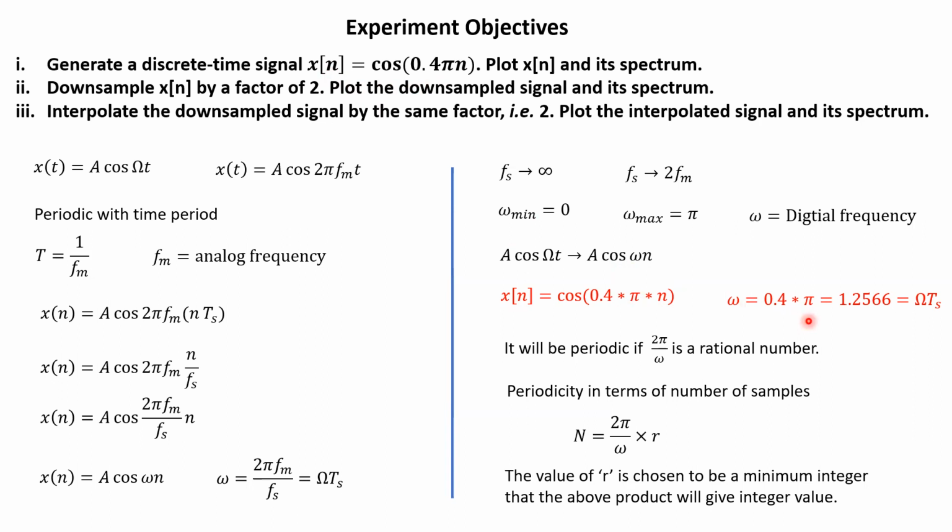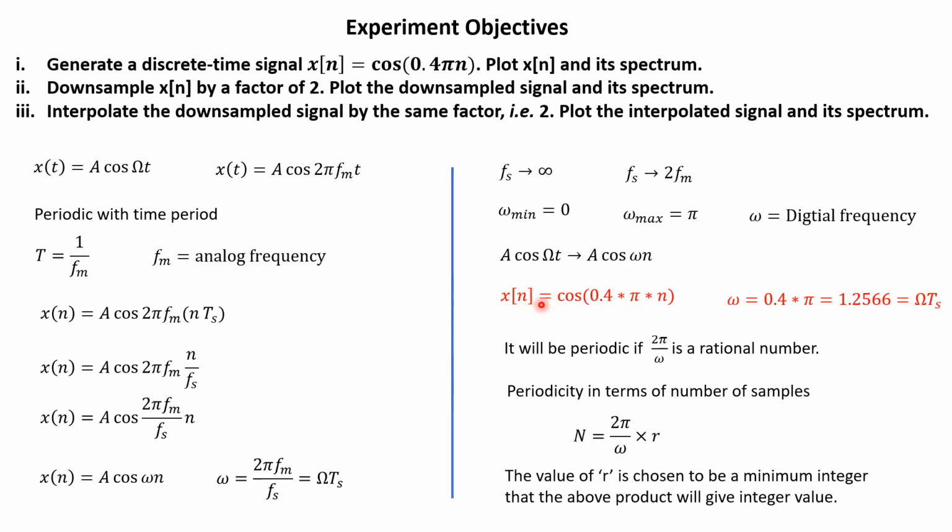If you take the value of pi and multiply, this value comes out as 1.2566, which is the same as your omega into Ts. At present, we have not been told the value of the sampling frequency in this case. Right now we have to generate this particular signal.